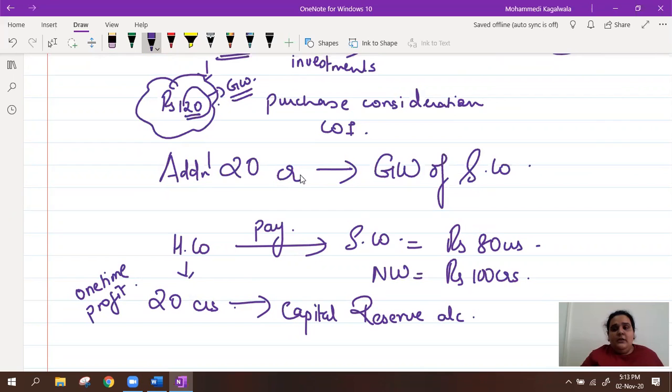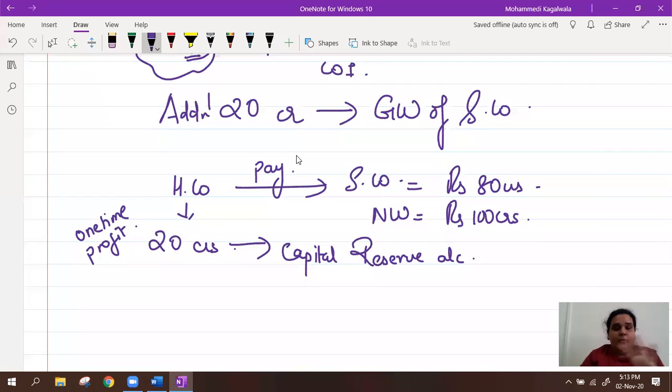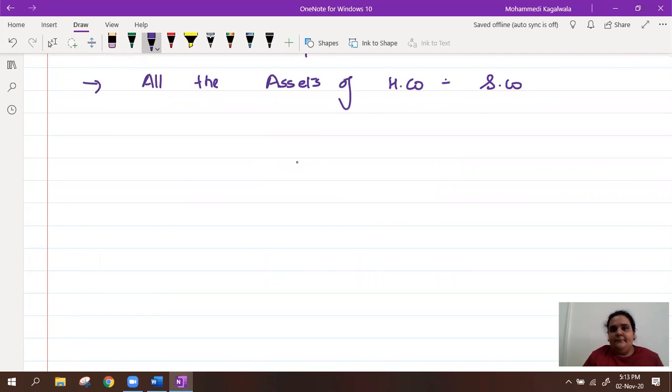Now, how do we do the accounting treatment of both these companies? Basically, all the assets of the holding company and of the subsidiary company, we add.